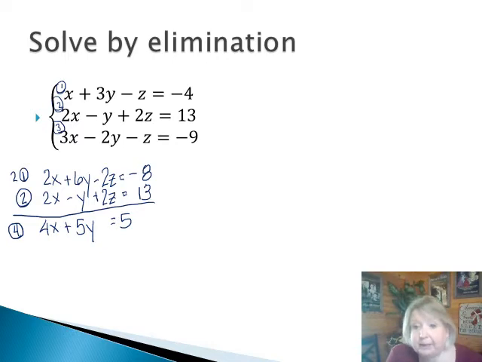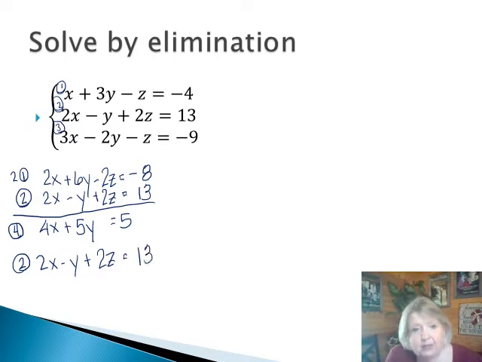Now I'm going to repeat that process, and instead of using 1 and 3, which most students would do, just to show you that it won't make any difference, I'm going to use 2 and 3. Since I still need to get rid of the same variable, be sure I'm getting rid of my z's. So I'm going to leave 2 alone. Again, 2x minus y plus 2z equals 13.